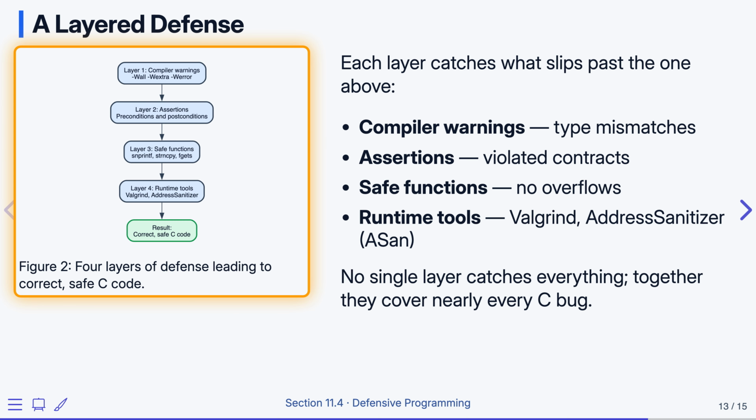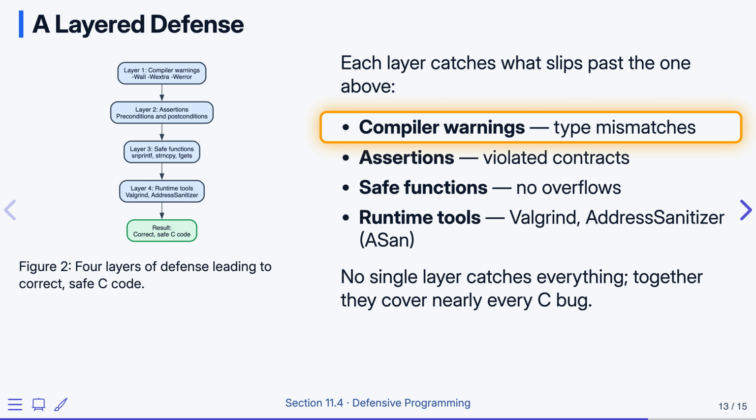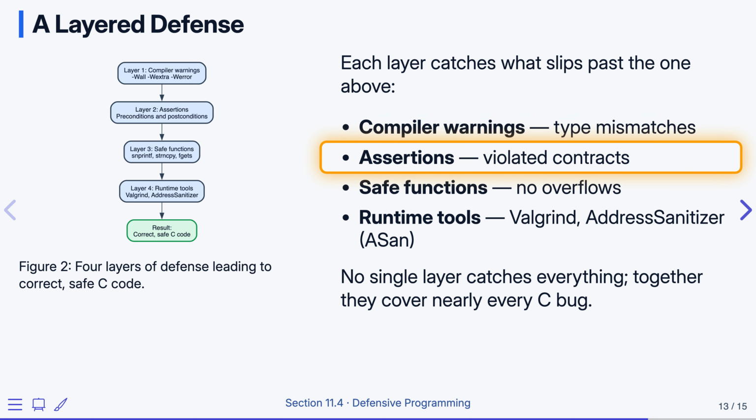The practices in this section form a layered defense, shown in this figure. Each layer catches bugs that slip past the one above it. Layer 1, compiler warnings, catch uninitialized variables, type mismatches, and missing return values at compile time. Layer 2, assertions, catch logic errors, the violated contracts during testing.